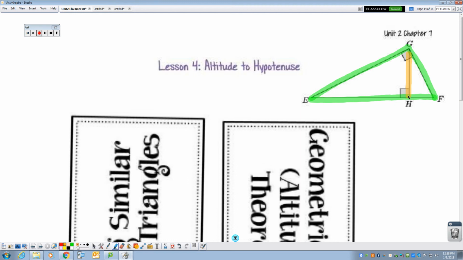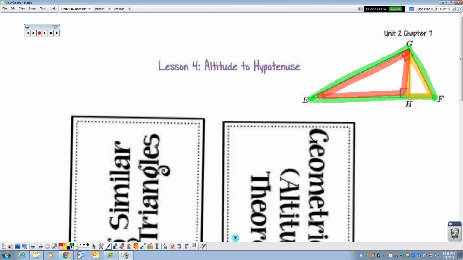And when I draw in that orange altitude, I now have taken my 1 right triangle and created 3 right triangles. And the 3 right triangles that I have created are all similar by angle-angle similarity.